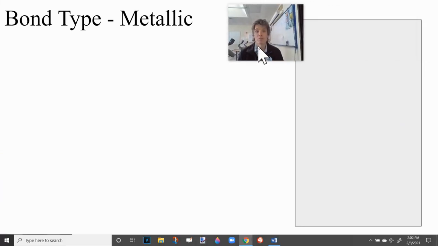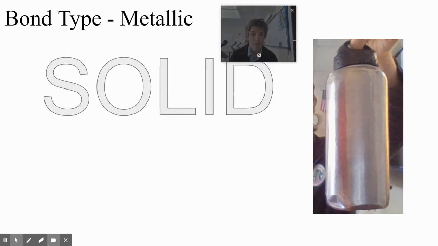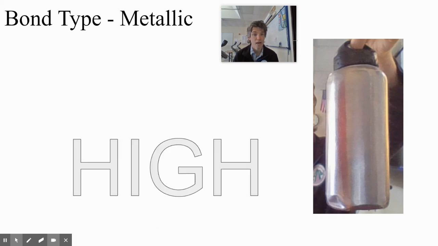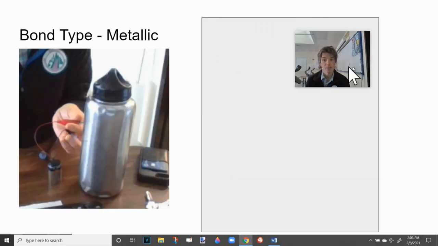Now, for a metallic bond type, something like a water bottle is a classic. That's aluminum. Most things held together by metallic bonds tend to be solids, and they tend to have really high melting points and boiling points. Now, are these things conductive?